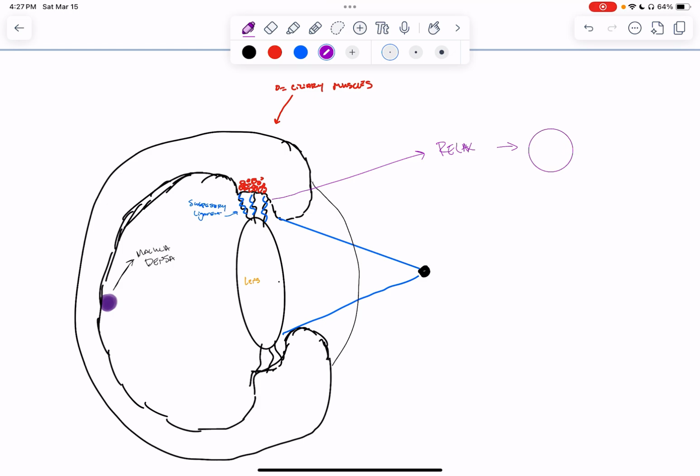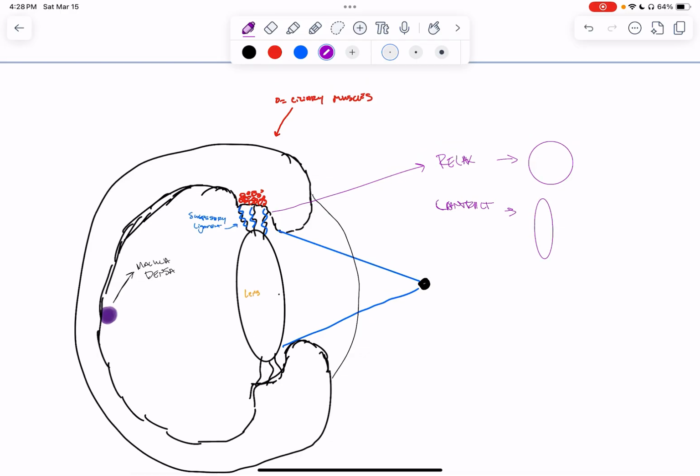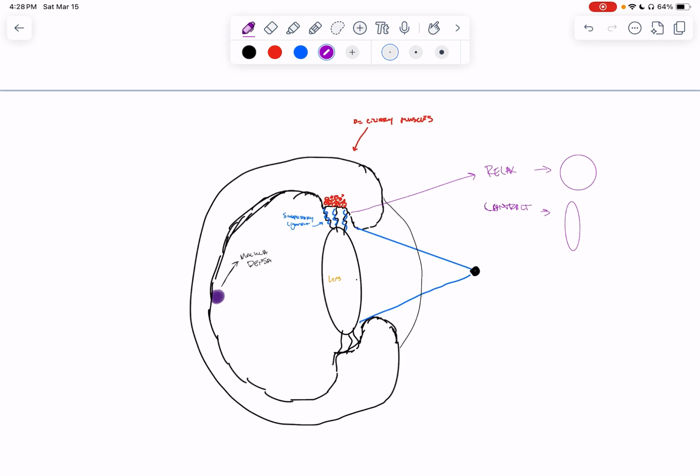Now, if they tighten, so let's say these muscles contract, it's going to cause the lens to look more and more oval, like that. And so essentially, based on the contraction or the relaxation of these ciliary muscles, you are going to be able to change the convexity of the eye lens, which will change where light is directed onto the macula densa.